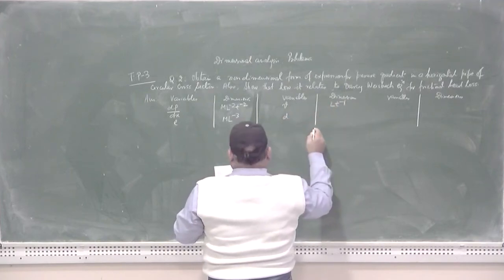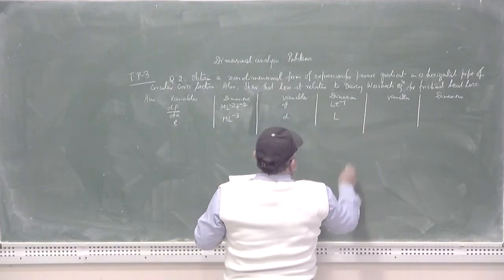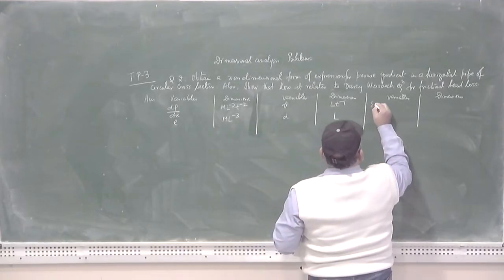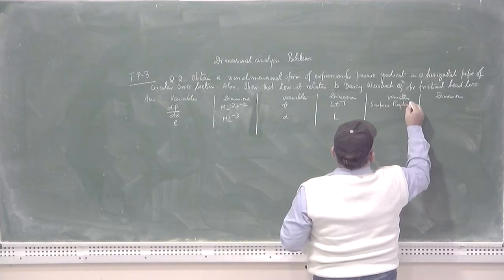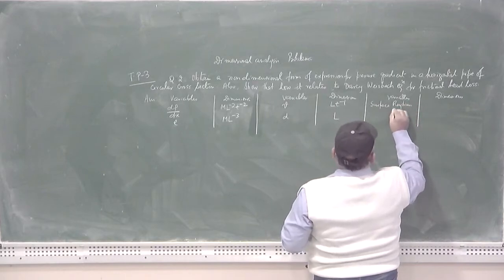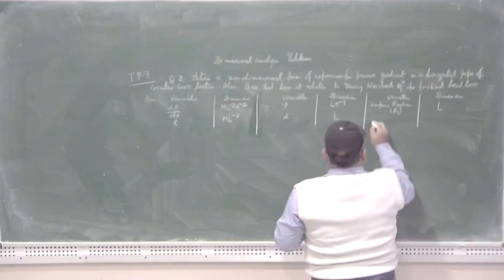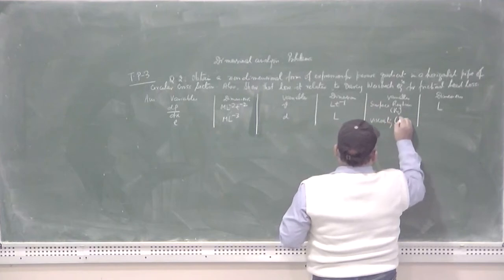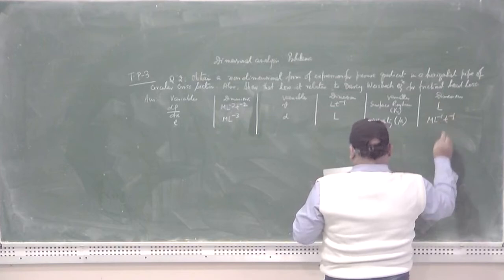The characteristic distance or characteristic length has the dimension L. The other variables may be the surface roughness, denoted by the symbol Ks, its dimension should be L, and the viscosity, denoted by mu, the dimension is M L to the power minus 1 T to the power minus 1.